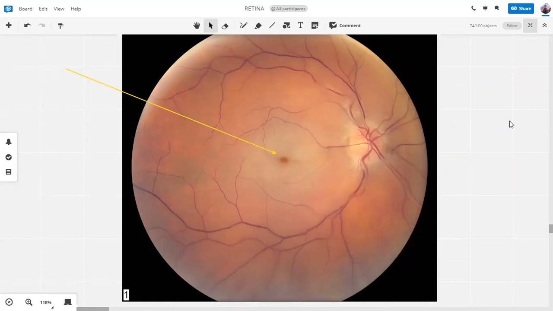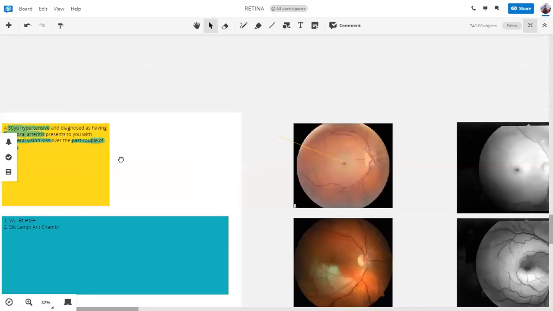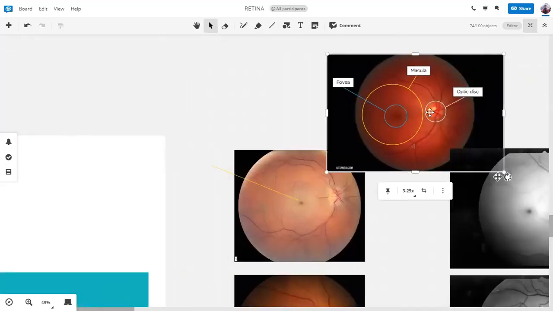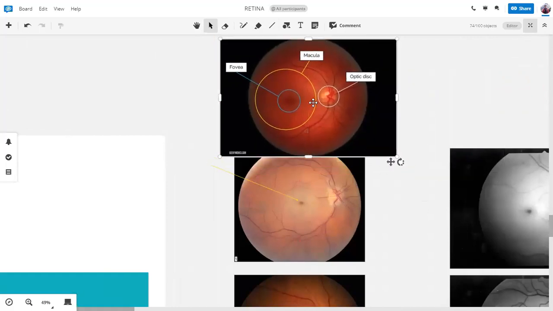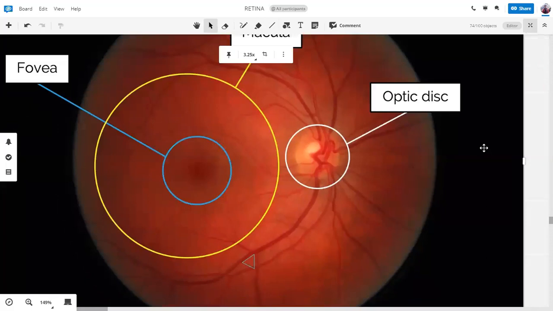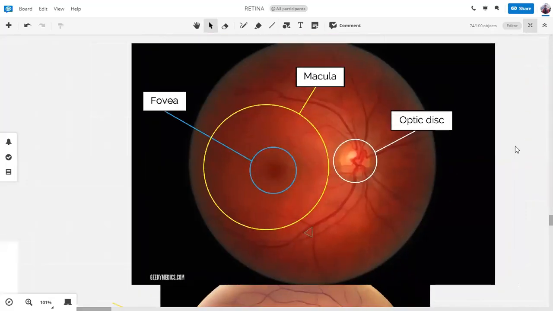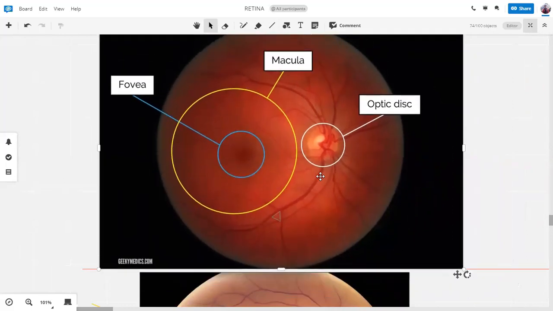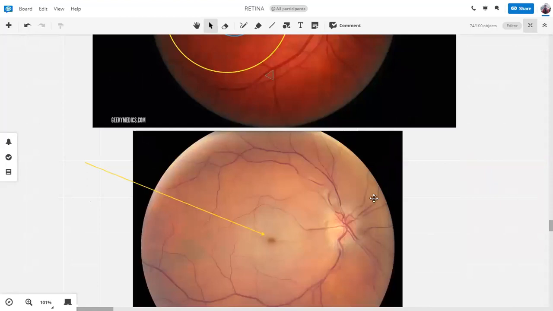What else is there? We need to put the normal picture alongside again. This is normal. Yes, everyone saw that there's a cherry red spot.